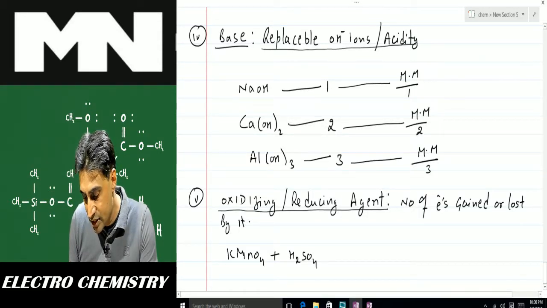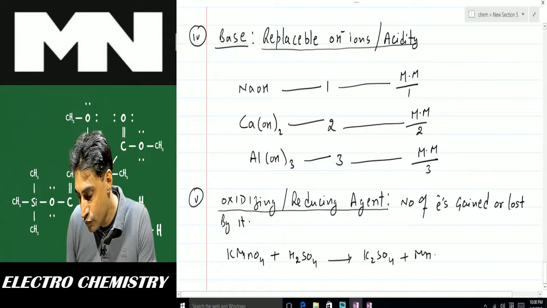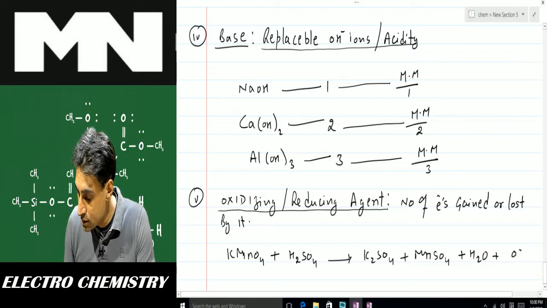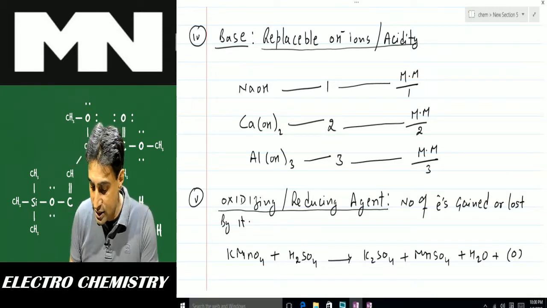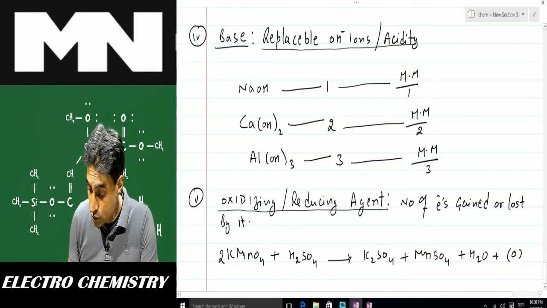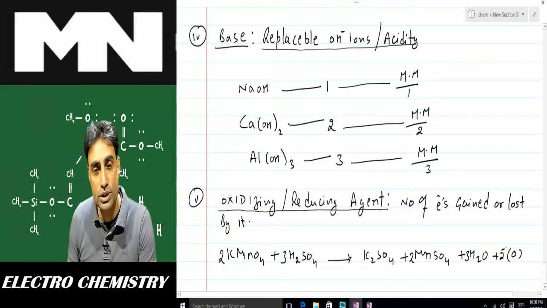That will combine with H2SO4 and will give me K2SO4 plus MnSO4 plus H2O plus oxygen. So let us balance this equation. I will write 2 because I got 2K. So I will get 2 MnSO4, 2 SO4 and 1 SO4, that is 3 SO4. So you'll have 3 H2O and you'll have 5 moles of oxygen.